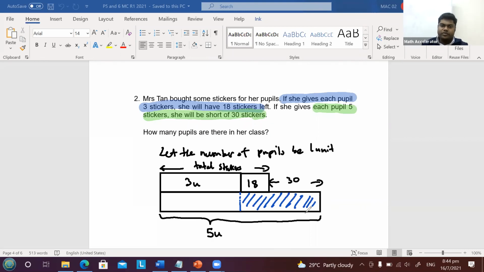Okay, now let's look at the blue shaded region. How many units is that? Good. 2 units. What is that in numerical value?